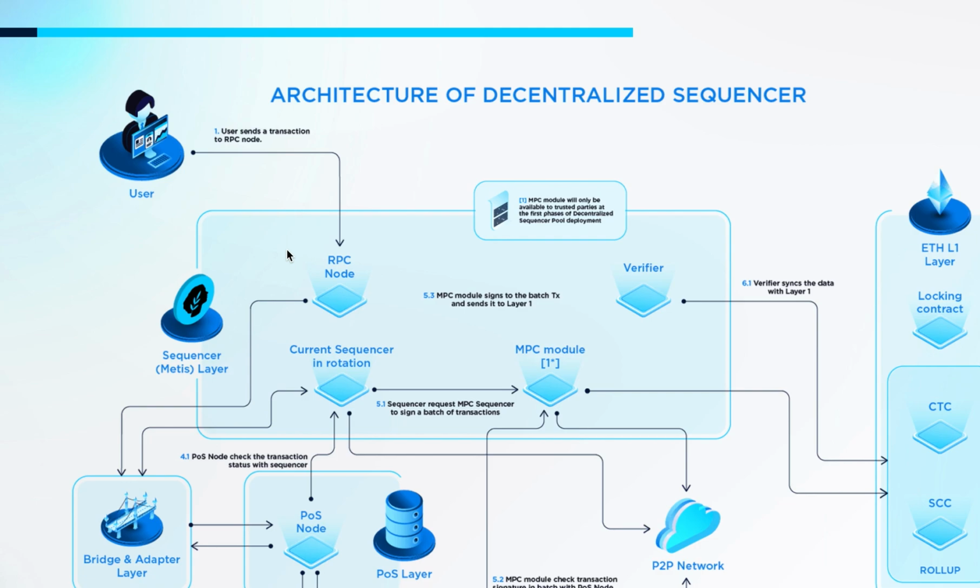I said that in a decentralized sequencer system, we have a sequencer pool. So we have sequencers that are in rotation. The transaction gets sent to the current sequencer in rotation, and when the sequencer gets it, it orders the transaction, batches it and processes it off chain.